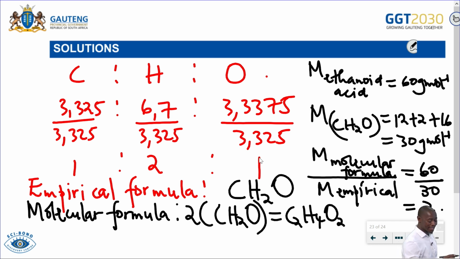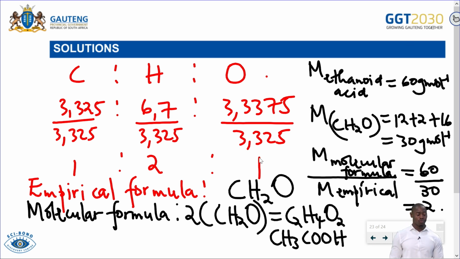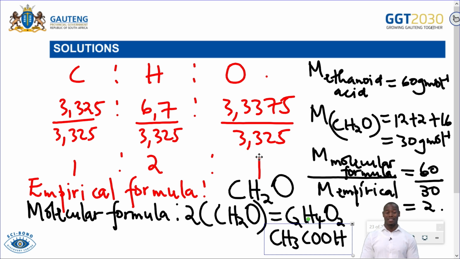And normally this is how we write it: CH3COOH. So C2H4O2. Carbons: 1, 2. And then hydrogens: 3 plus 1, which is 4. Oxygens is 2. So that is the molecular formula of ethanoic acid.